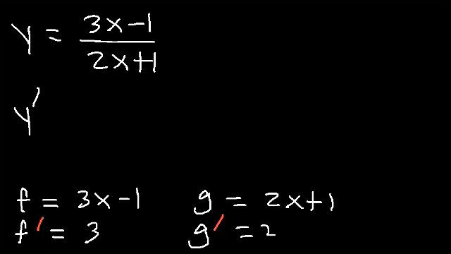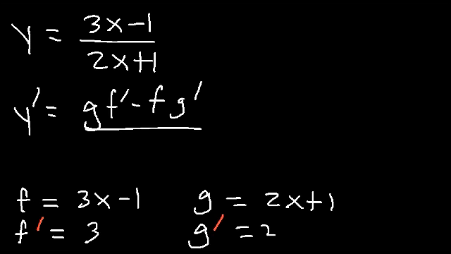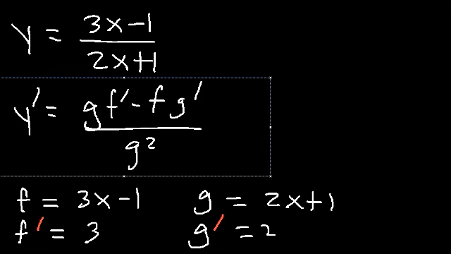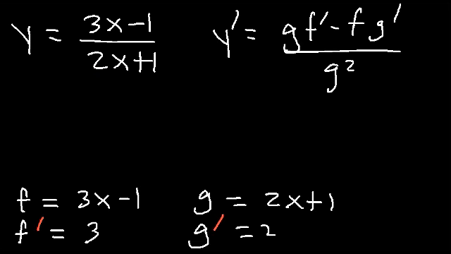So to find the first derivative, we know it's going to be g f prime minus f g prime divided by g squared. So g is equal to 2x plus 1 times, I might need more space here, so let's move this here.